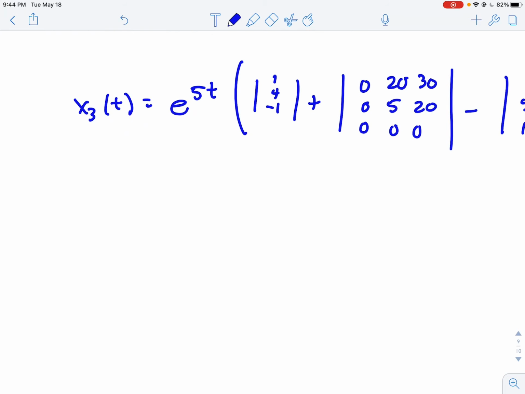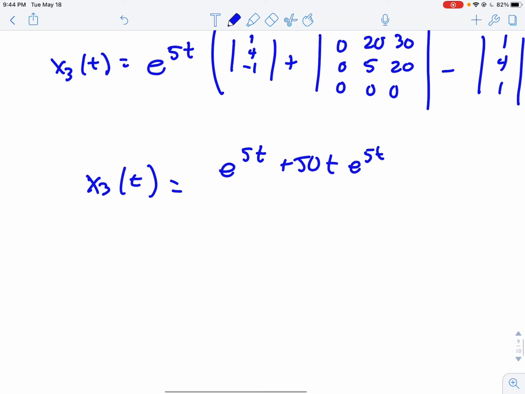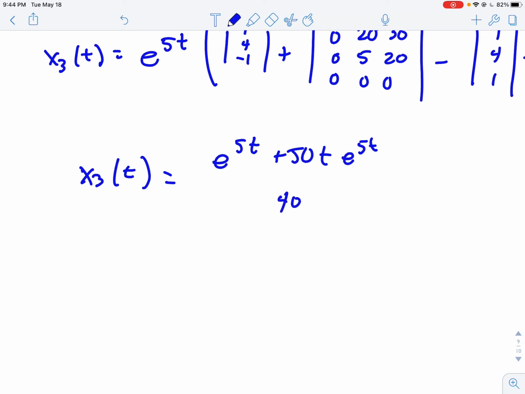Then once we simplify this, we get that x3 of t equals e to the 5t plus 50t e to the 5t, 4e to the 5t, and minus e to the 5t.